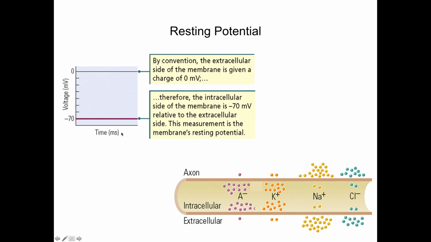Whenever we talk about a membrane just resting, we say it's at -70, so it just stays here. It's just at rest. Okay, and remember that these anions and potassium have a higher concentration on the inside of the cell, and sodium and chloride have a higher concentration on the outside of the cell when the cell is at rest.